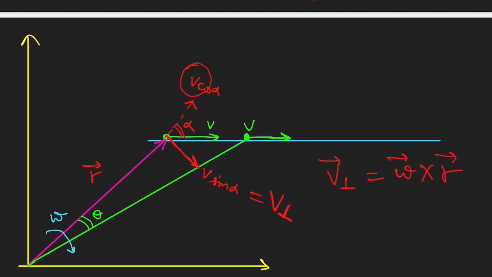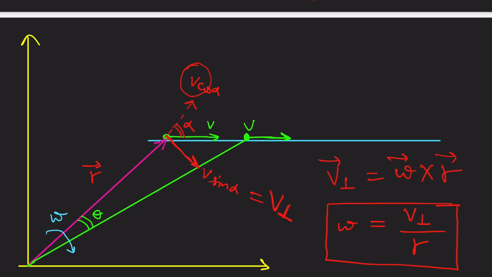omega cross r. So for calculating the magnitude, just for calculating the magnitude, omega is equal to v perpendicular divided by r. This is not for direction, it is just for the magnitude calculation. Direction we can find out manually.